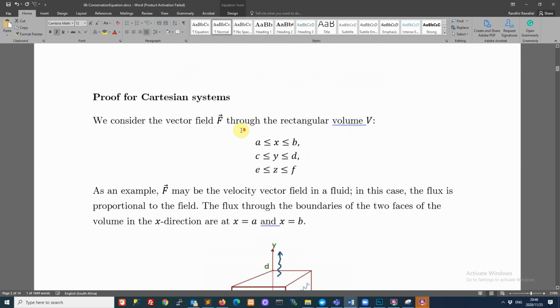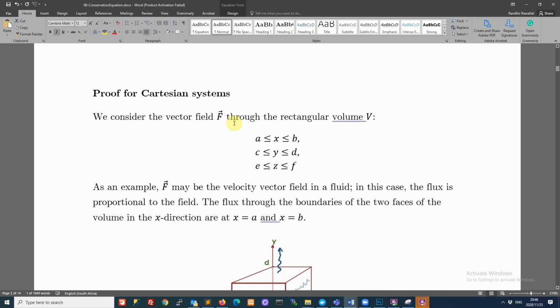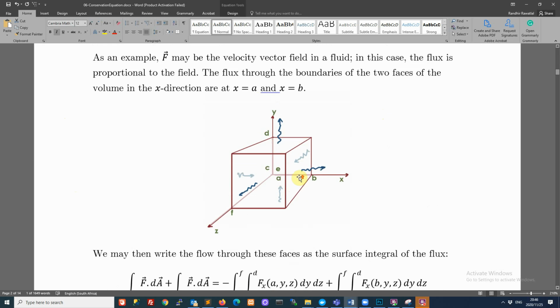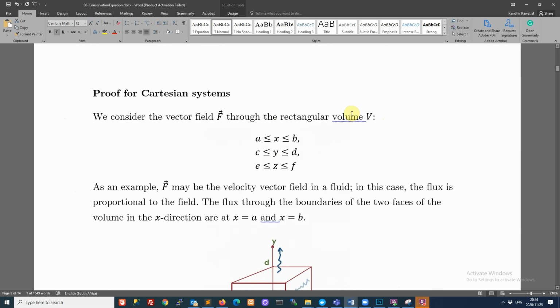And to do that, we will imagine our vector field f, and we are talking about f through some volume. But the volume now is a bit more specific, so for simplicity, we are going to assume Cartesian coordinates, and we are going to take just a rectangular volume.